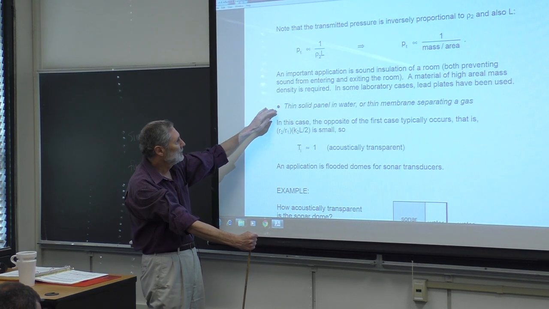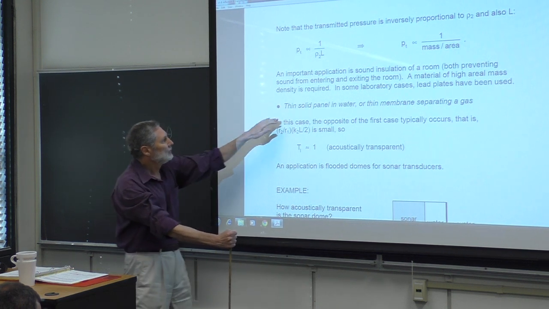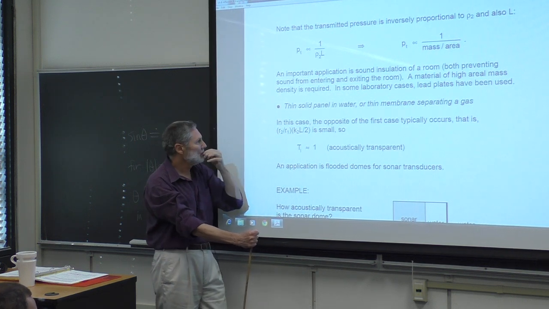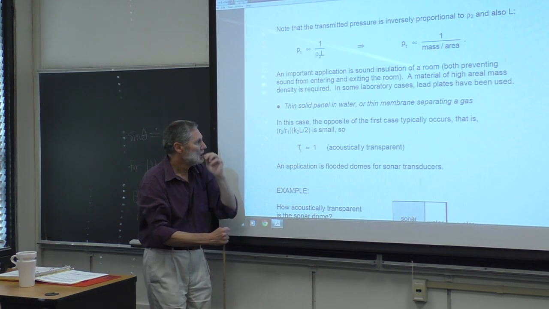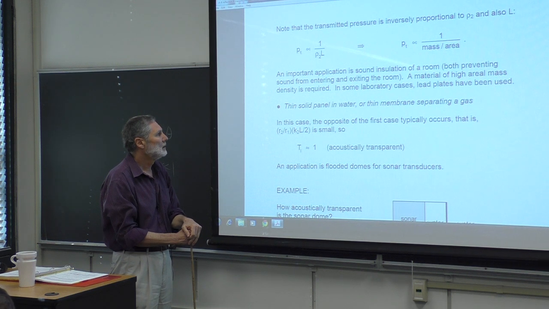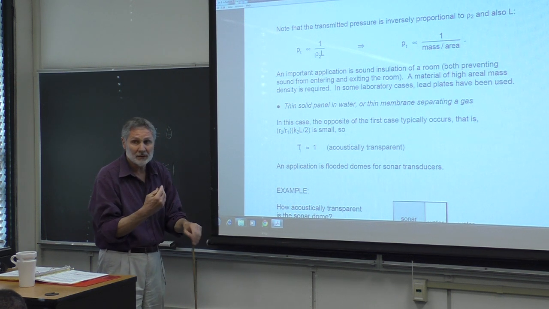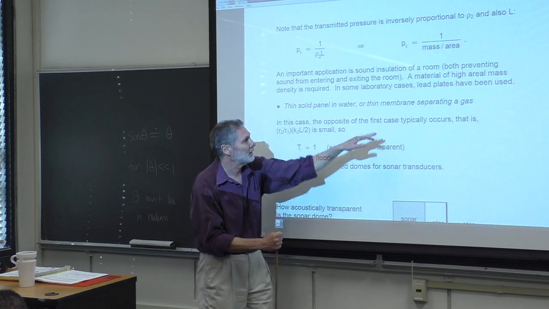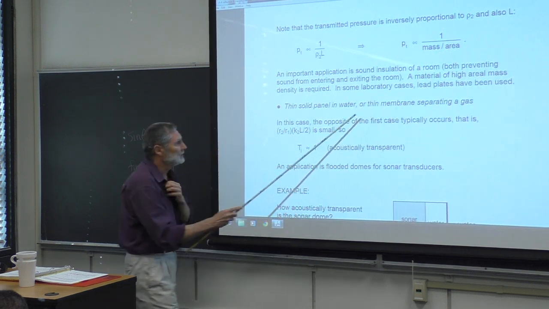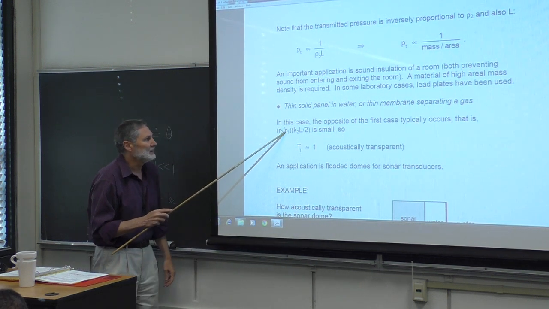Now it turns out that a typical case for a solid panel in water, and it's thin, or for a thin membrane separating gas, I've actually done this in research. We'll talk about it when we see it. It turns out that the opposite occurs.